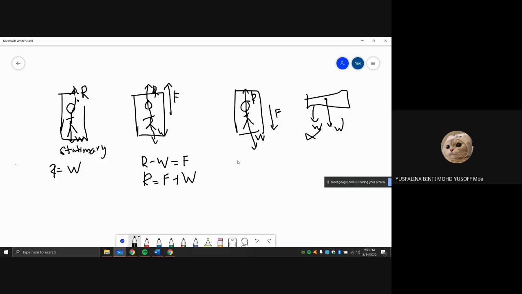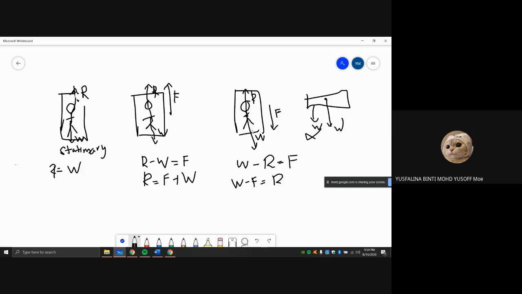So W minus R is equal to F. So you want to find R, right? So I change this to here, so it becomes positive, and I change this one to here, so negative.